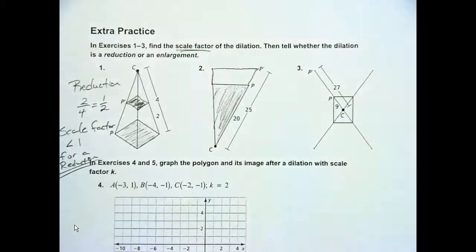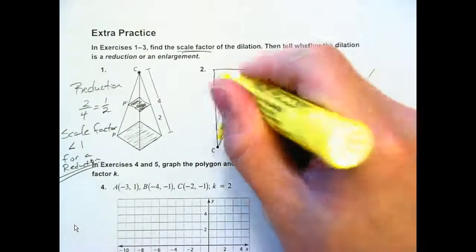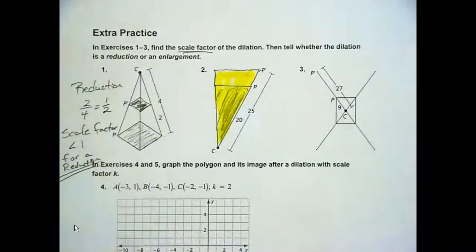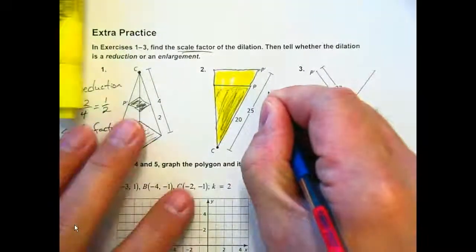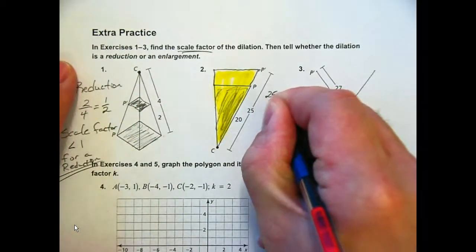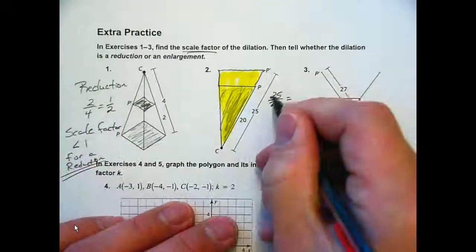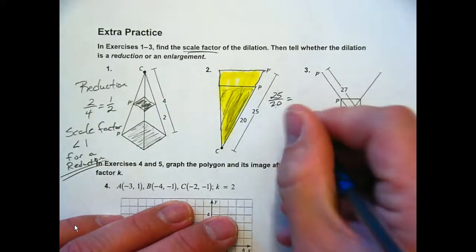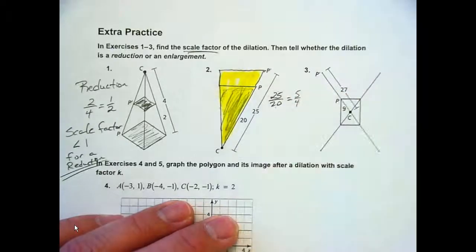Notice our shape now includes our original plus a little more. So we have gone from 20 to 25, or 25 to 20. We know it's going to be greater than 1, so we make our fraction larger than 1. 25/20 becomes 5/4, so our scale factor is 5/4.